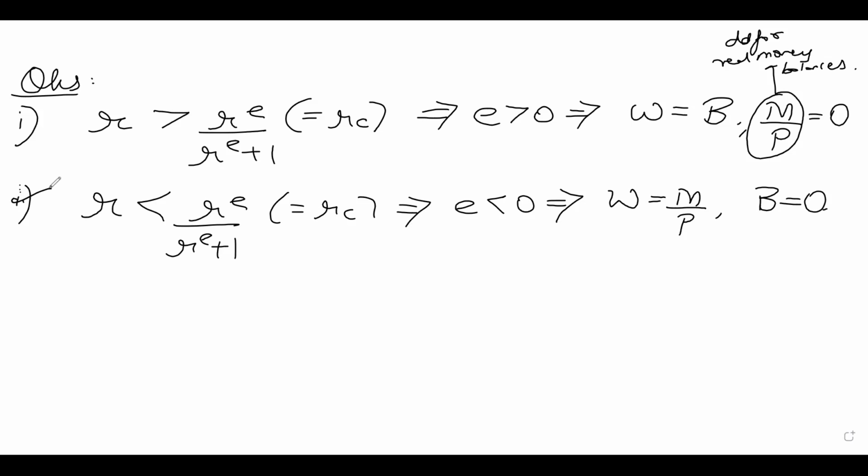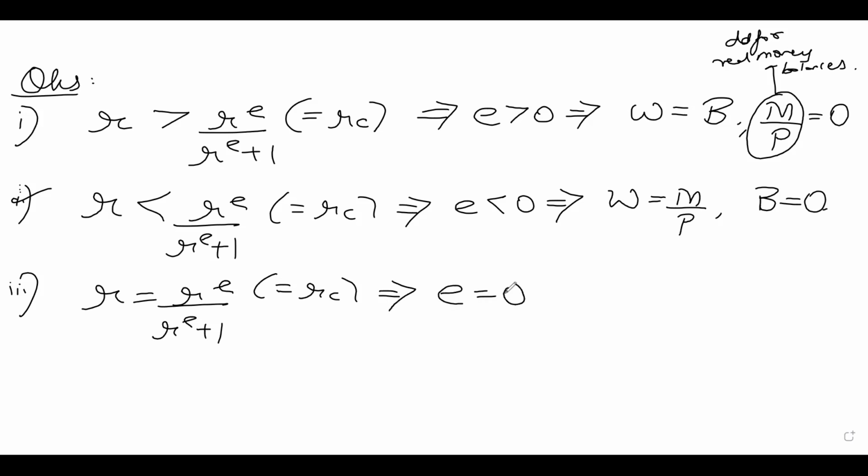Demand for bonds is 0. Okay, and then third observation, when my R is exactly equal to the critical level, which is nothing but RC, in this particular case, E is exactly equal to 0. So I can say that my demand for money and demand for bonds lies between 0 and W.